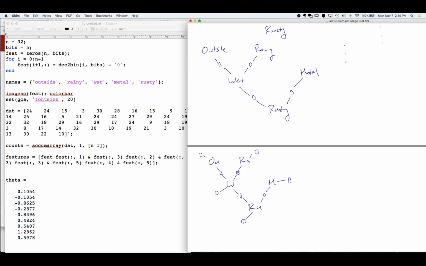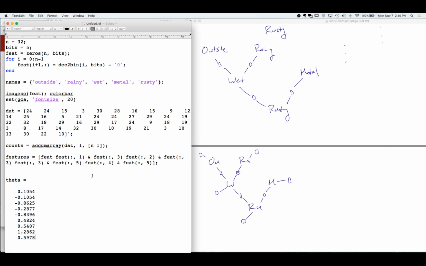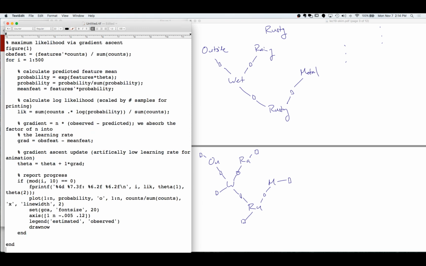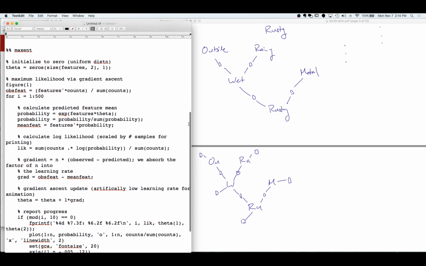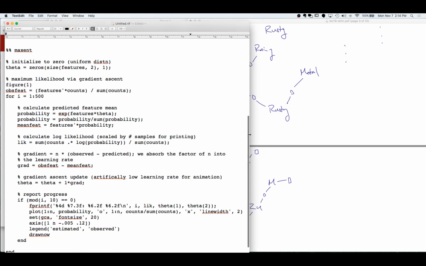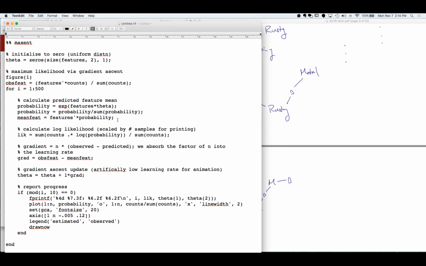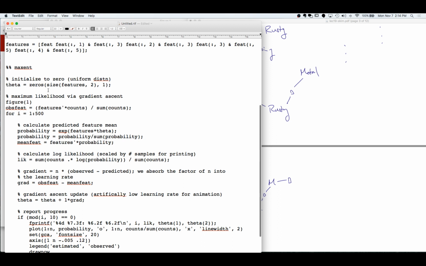All right. So let me go and put the Maxent code in place so that you guys can take a look at it. I'll erase the parameter vector that I learned, and here's the code that I used, right? And so I initialize my parameter vector to 0. I compute the observed average of all of the features.